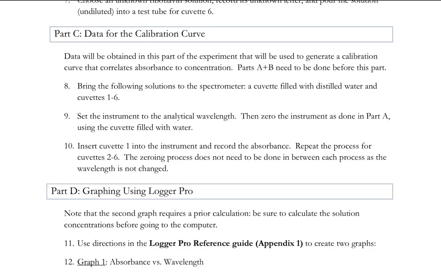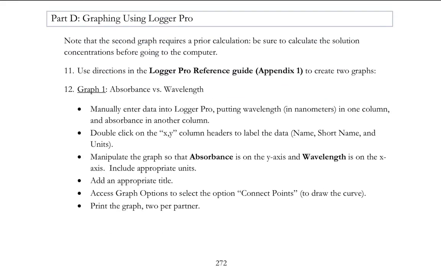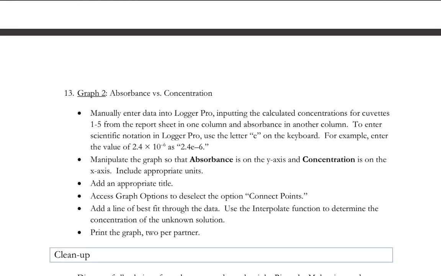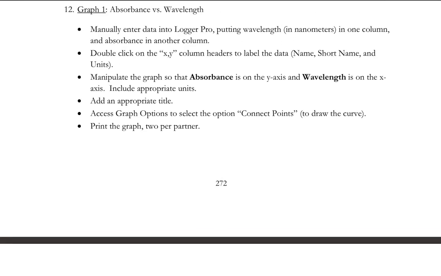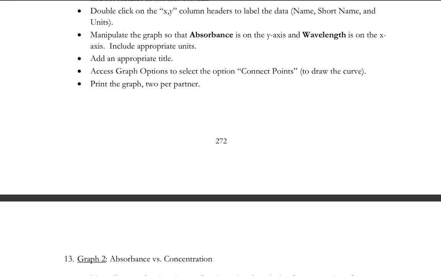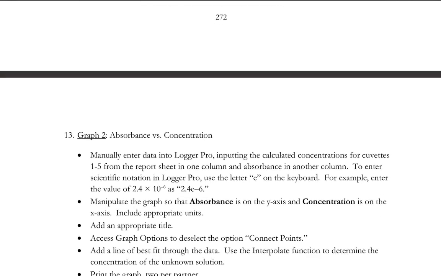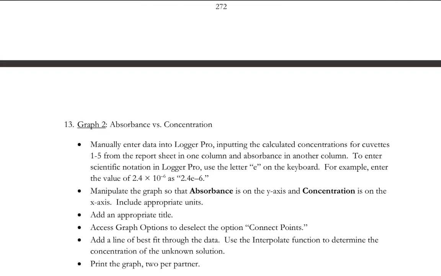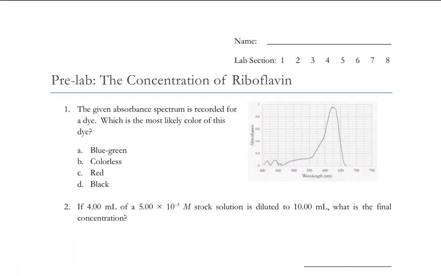And here are the instructions that we will work with on the Logger Pro. For our two graphs, graph 1 is this absorbance versus wavelength graph, the absorbance spectrum graph. Graph 2 is the calibration graph, the absorbance versus concentration. Alrighty, so as usual, you can skip the pre-lab.